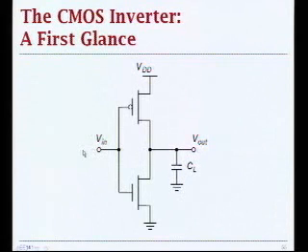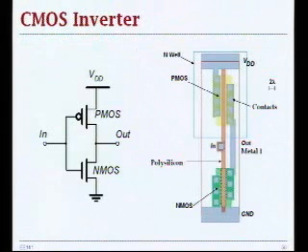It provides inverting operation. When you have logic 0 at input, it provides logic 1 at the output. Logic 1 at the input is propagated as logic 0 to the output. So it's a very simple truth table, inverting operation.